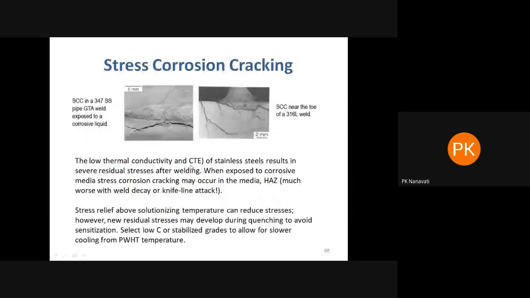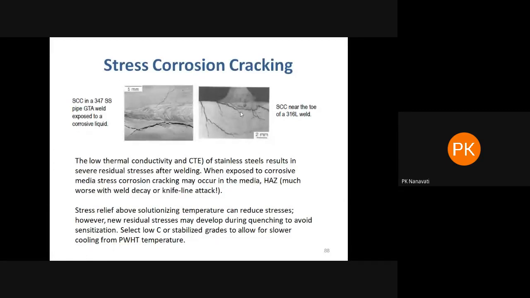Again, another problem is stress corrosion cracking, because your austenitic stainless steel may be subjected to stress corrosion cracking. You will see the crack is of a very typical type, right? It is a branch-like crack, a kind of lightning type of crack. It happens when your steel is exposed to stress, and the environment is such that you have exposure to chloride ions.